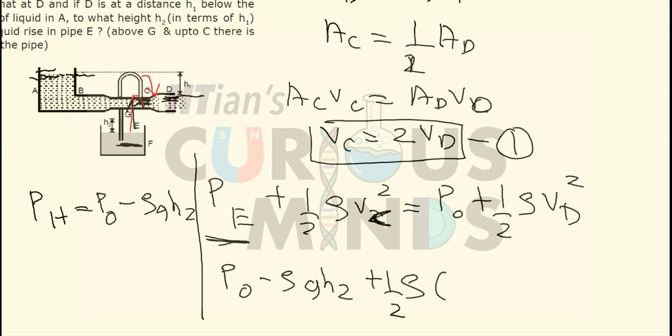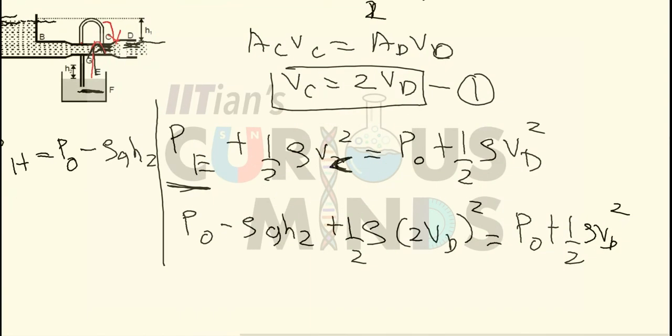Vc square can be written as 2 Vd the whole square. It will be equal to P naught plus half rho Vd square. Now P naught and P naught will get cancelled out.